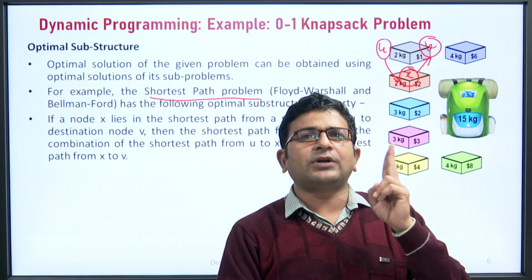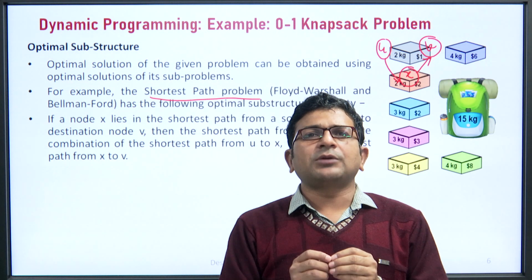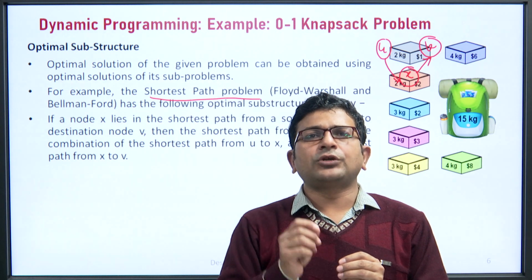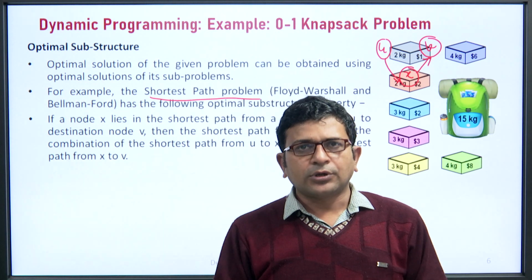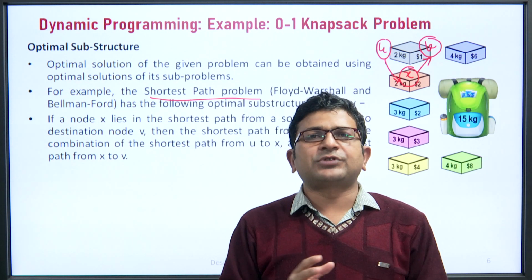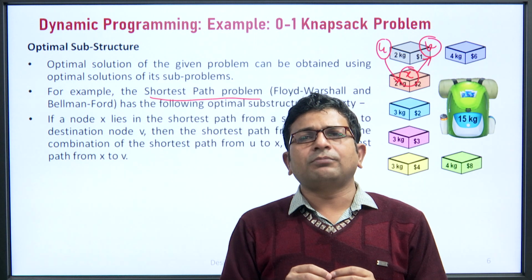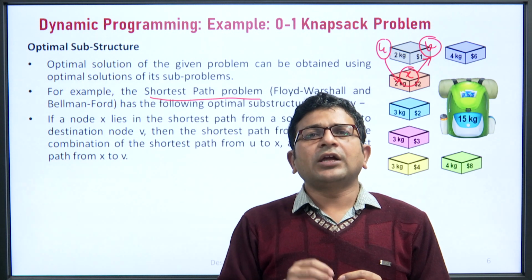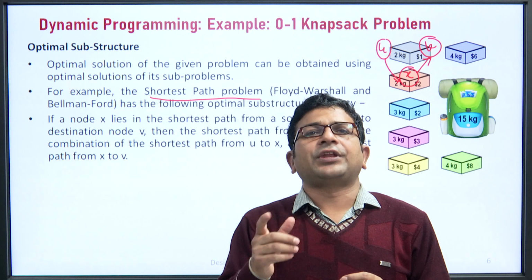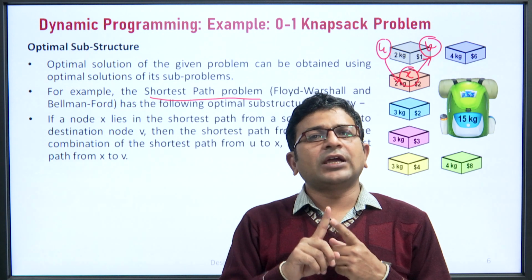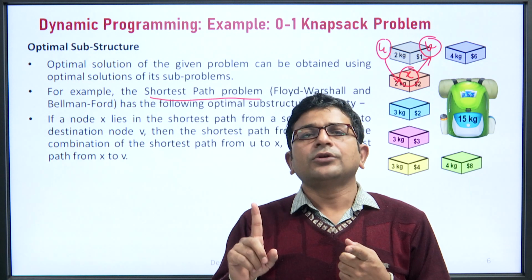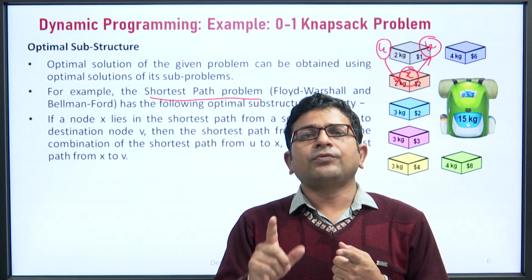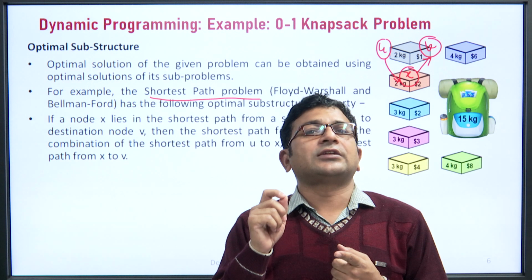In the 0-1 knapsack problem, we have only two options: either we take the item or we leave the item. In the fractional knapsack problem, we can also take a fraction of any item, while in 0-1 we cannot.